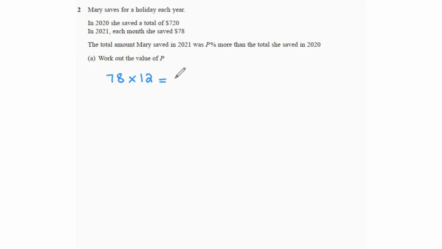So 720 plus P% of 720, because as it says, the total amount she saved in 2021 was P% more than the total she saved in 2020. And since in 2020 she saved 720, it's 720 plus P% of 720.